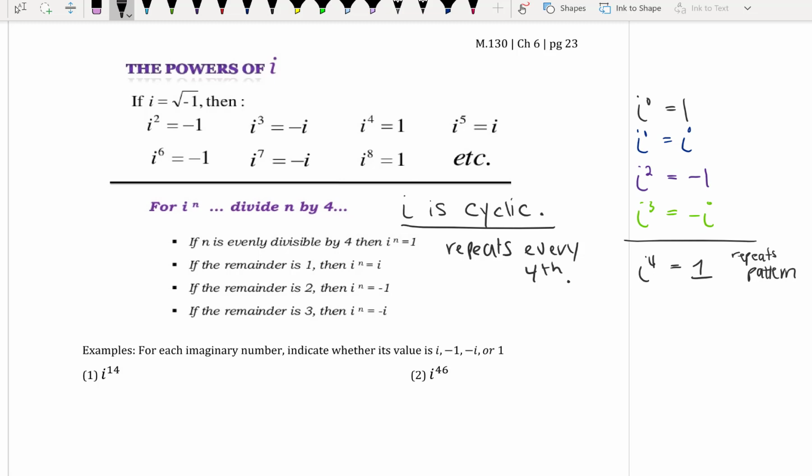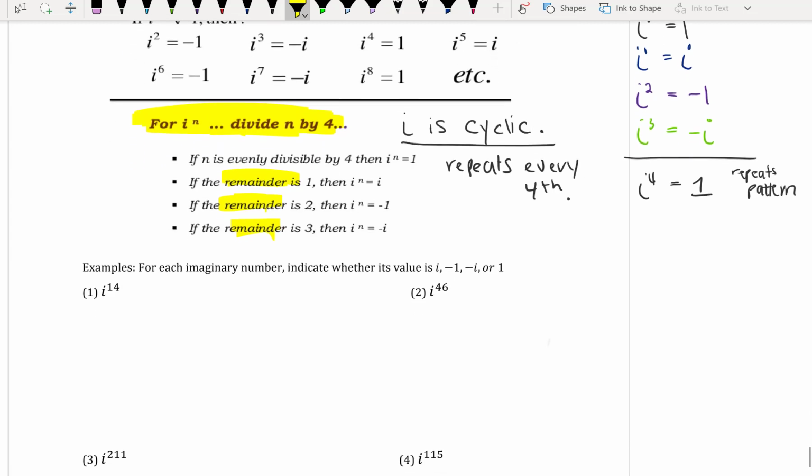That means what we can do is divide the power of i by 4. So the i to the nth is divided by 4, and whatever the remainder is, that's what we're going to be looking at. That's what our answer is going to be. So, for example, let's look at i to the 14th. I'm going to divide it by 4. So 4 into 14. Our goal is to look at the remainder.